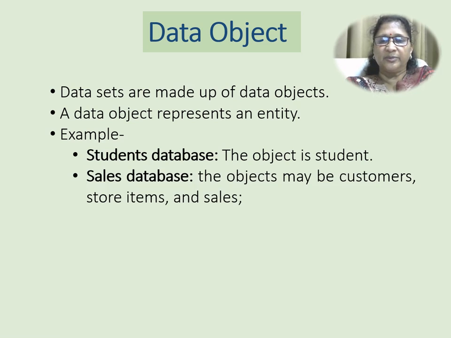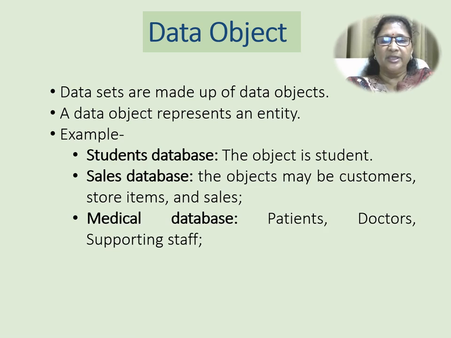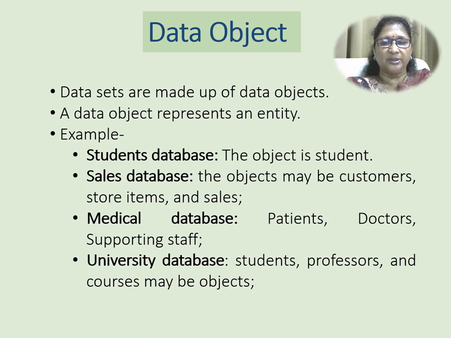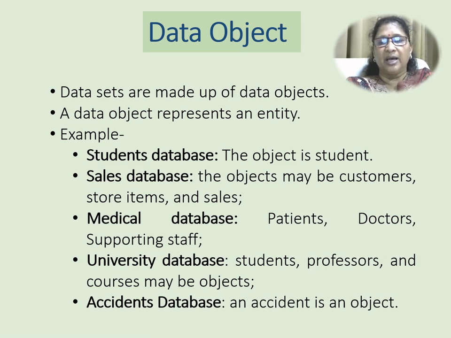In a database of students, the object is a student. In a sales database, an object could be a customer, store, item, sales. In a medical database, patient, doctor, supporting staff represent data objects. In a university database, student, professor, the courses, the programs form data objects.